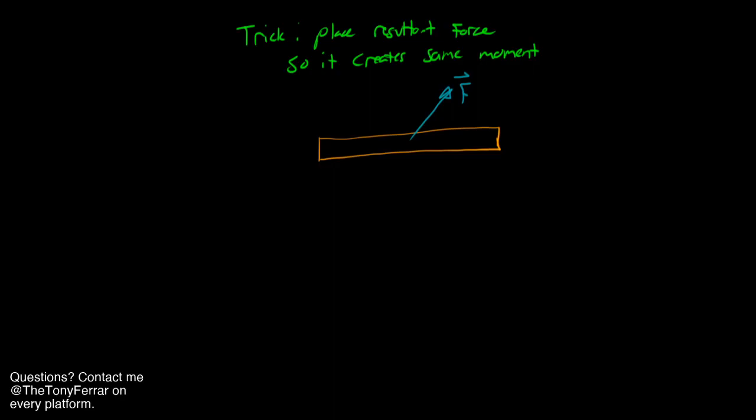We already decided that we were summing moments about location A, and we were able to find that just by doing the sum of moments about A. That's what we did on the last page. But we also know that the vertical component here, Fy, has a moment arm.